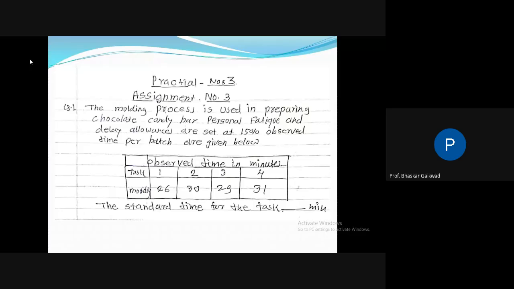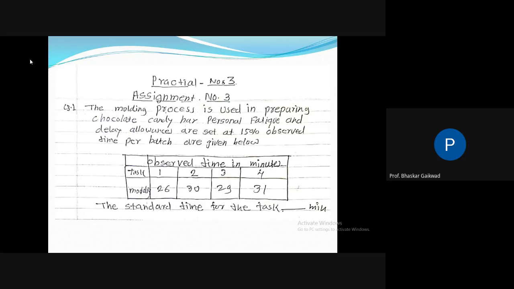Now here in the table, 4 tasks are given, and the tasks mean activities while making these chocolate candy bars. And below that, molding observed time is given: 26 minutes, 30 minutes, 29 minutes, and 31 minutes. Each activity time is given.